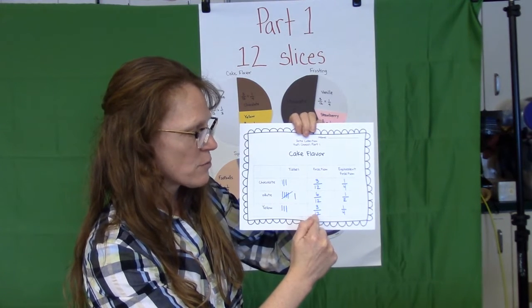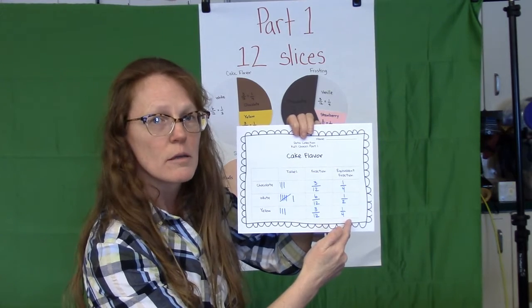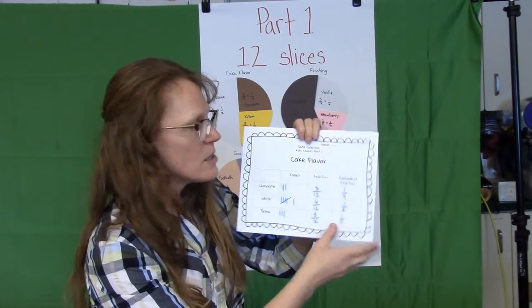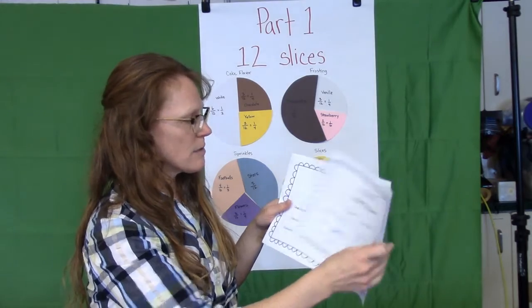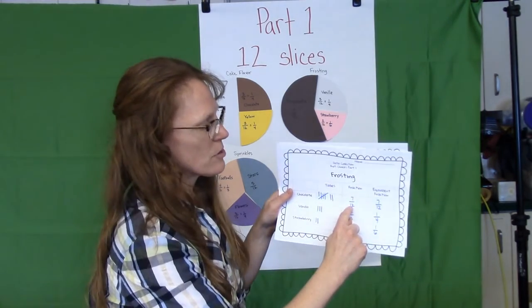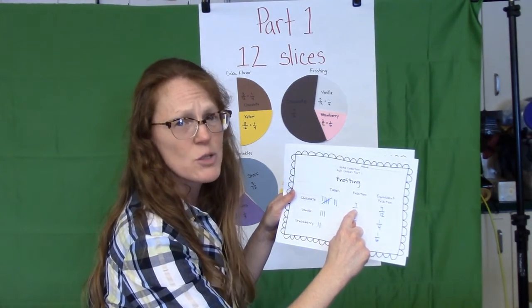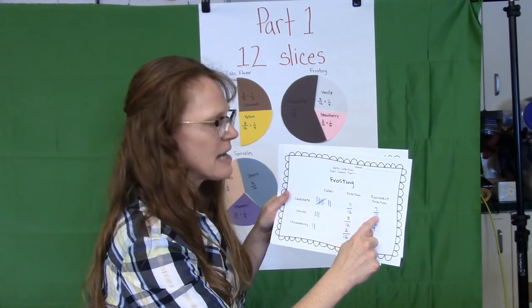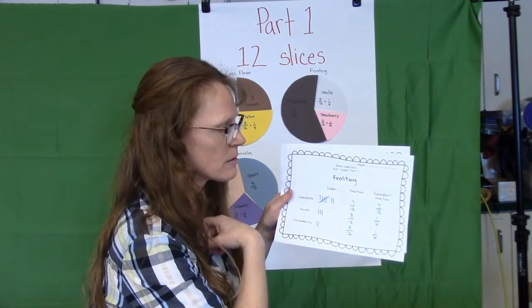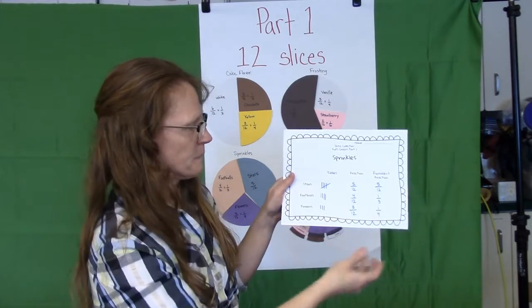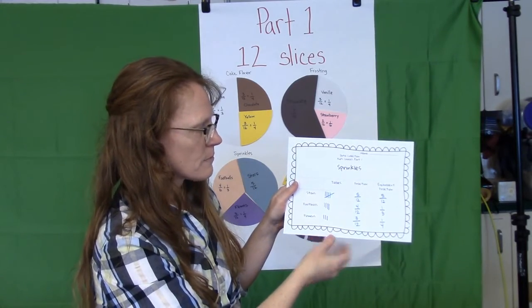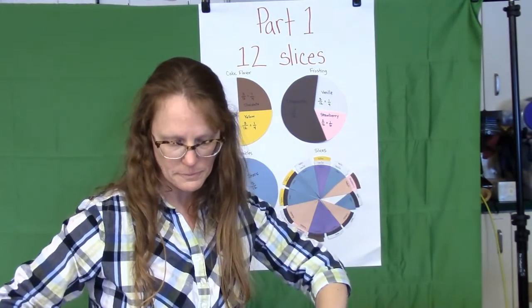And again, here we have 3 12ths, which would be 1/4. So you're going to do that for each of these. If you can't create an equivalent fraction, this one I couldn't create an equivalent fraction because it was 7 12ths. There is no equivalent fraction for that. I just wrote 7 12ths again over here. So do that for all of these. So go ahead and pause and do that.